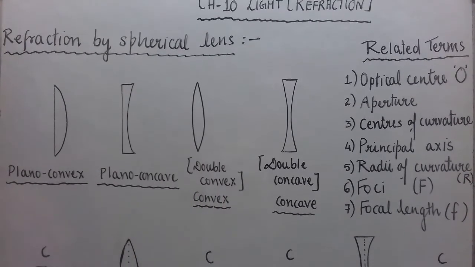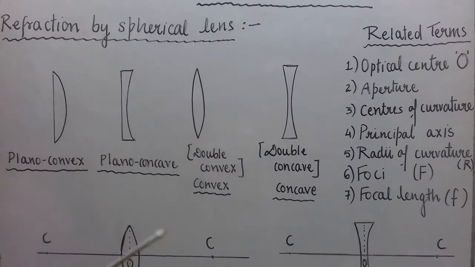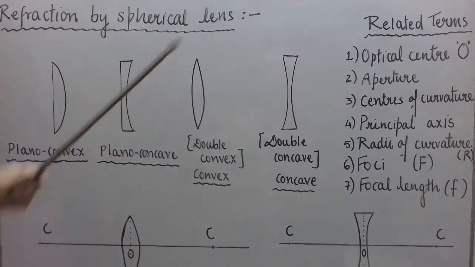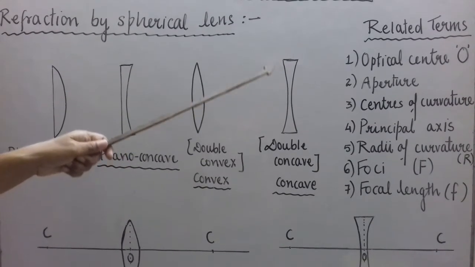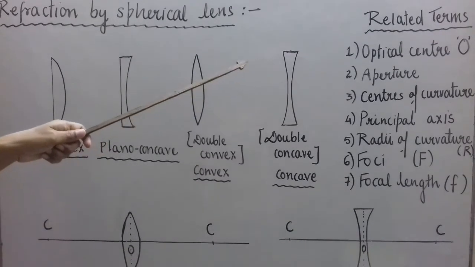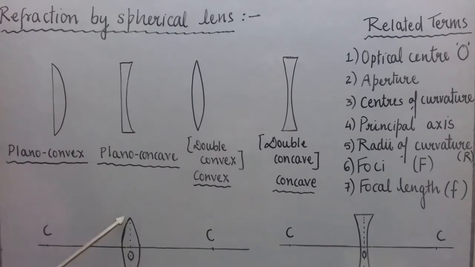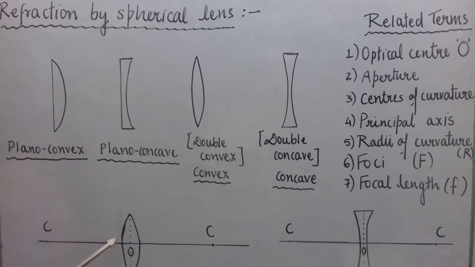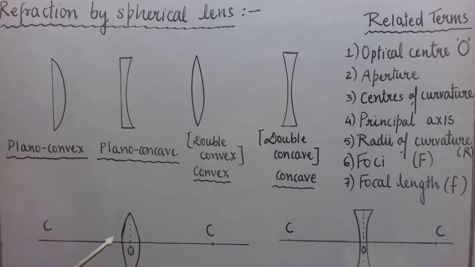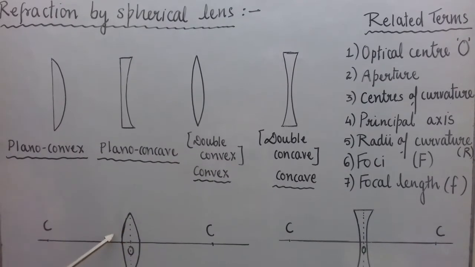Now, let us see very common terms related with these lenses which you should be aware of. First term is optical center, and we use a capital letter O to represent it. Now, this is a convex lens. Unlike a mirror, where one side is polished and the other is reflecting, here we have complete transparency and both the sides are refracting.